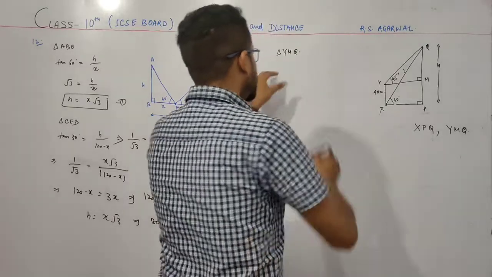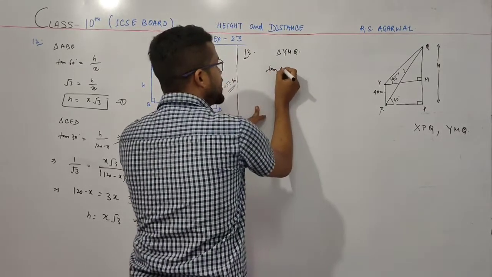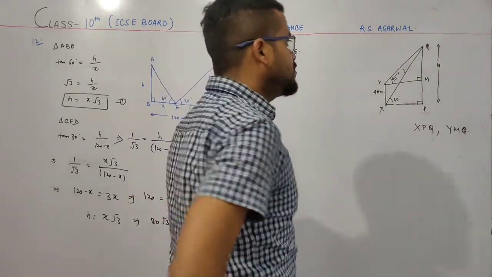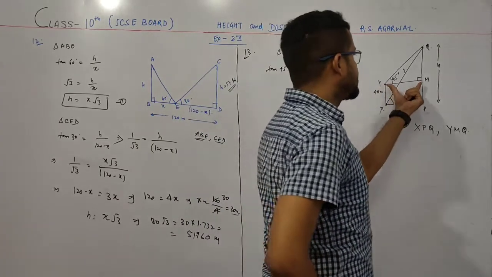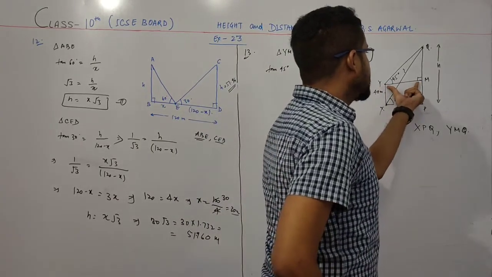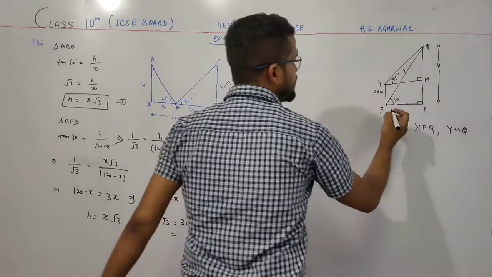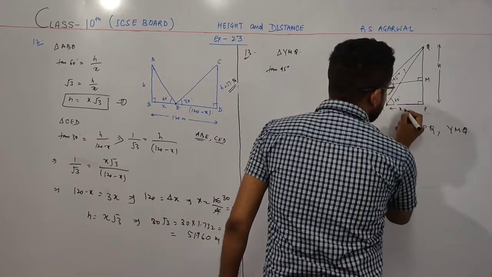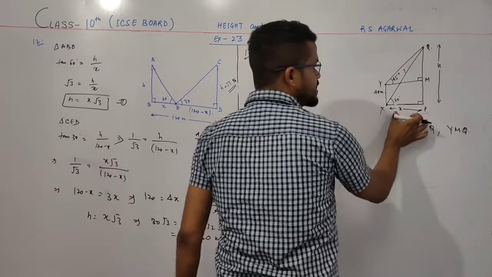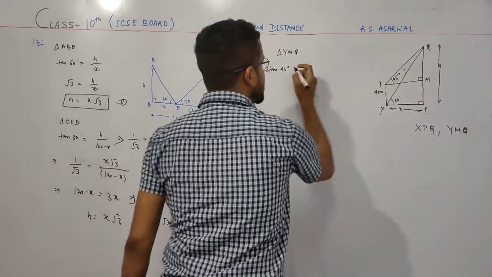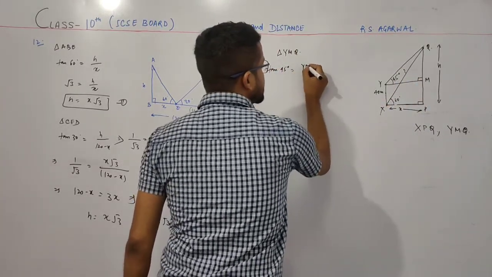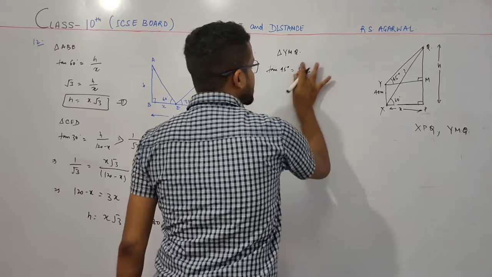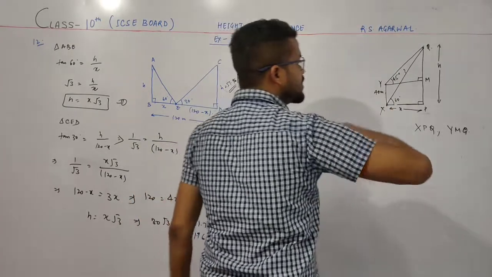Through this triangle I write tan 45 degrees. If I take XP as x, then this is also x. Tan is perpendicular upon base.